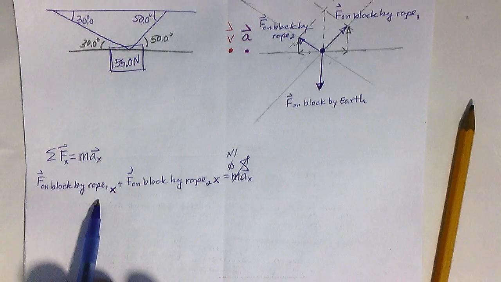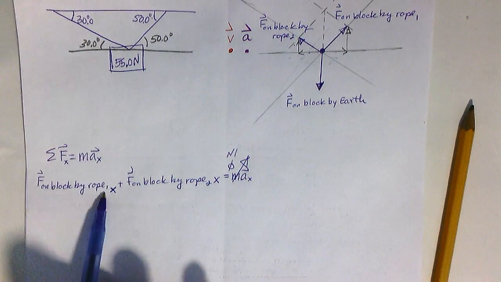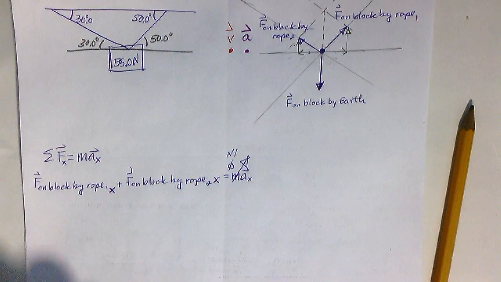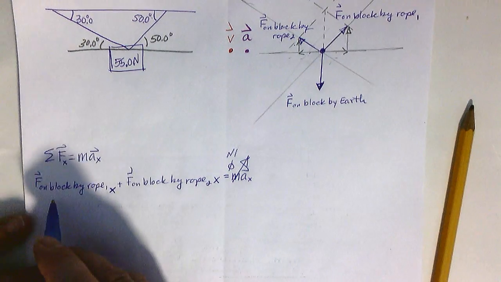Okay, substituting in magnitude and direction. See these subscript x's? That tells me x component, and that means that I have to use the angle. So I'm going to go ahead and replace this.